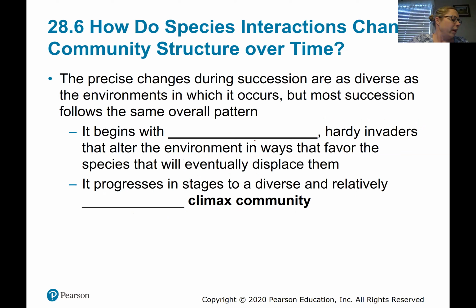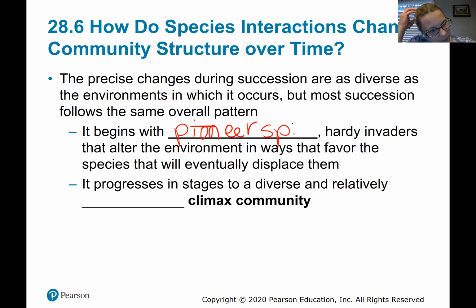Okay, so there are these changes that take place, and the first species that begins are called the pioneer species. And these are going to be the invaders that come in, that are pretty hardy.